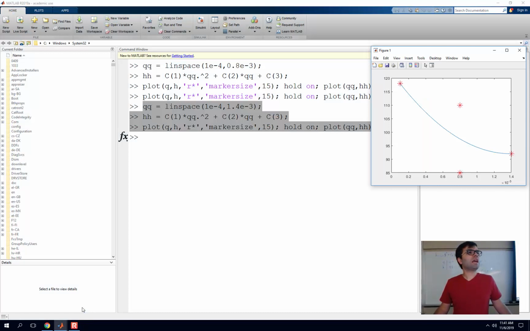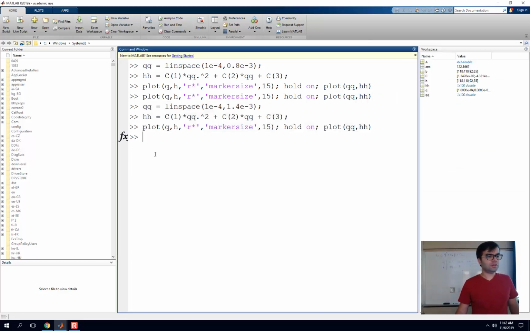Now I want to calculate residual, R squared and RMSE. Residual is basically my function minus h.